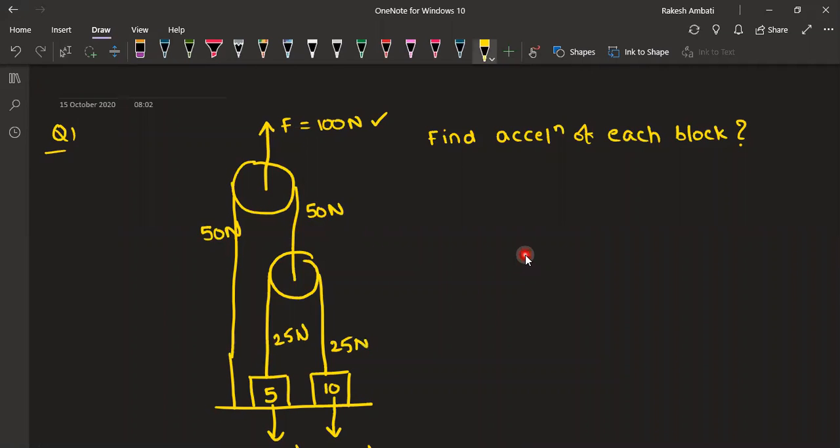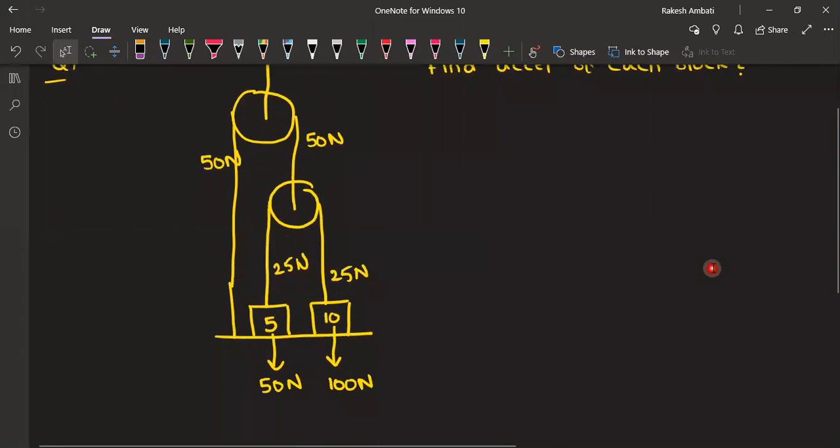With respect to the 5 kg block, what is the direction of tension force? Away from the body along the string. So here it is the direction of 25 Newton force, same thing, the direction of 25 Newton force.